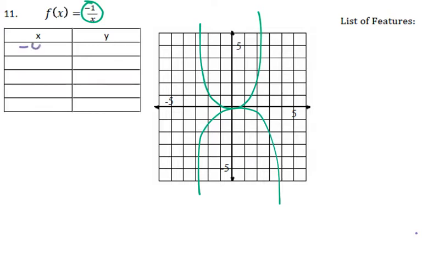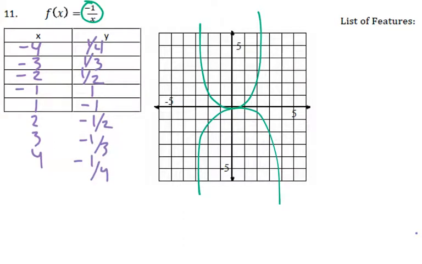So if I went negative 4, negative 3, negative 2, negative 1, 1, 2, 3, 4, it would be positive 1/4, positive 1/3, positive 1/2, positive 1, negative 1, negative 1/2, negative 1/3, negative 1/4. So we're just reflecting it over that x-axis. So it would look more like this, right?